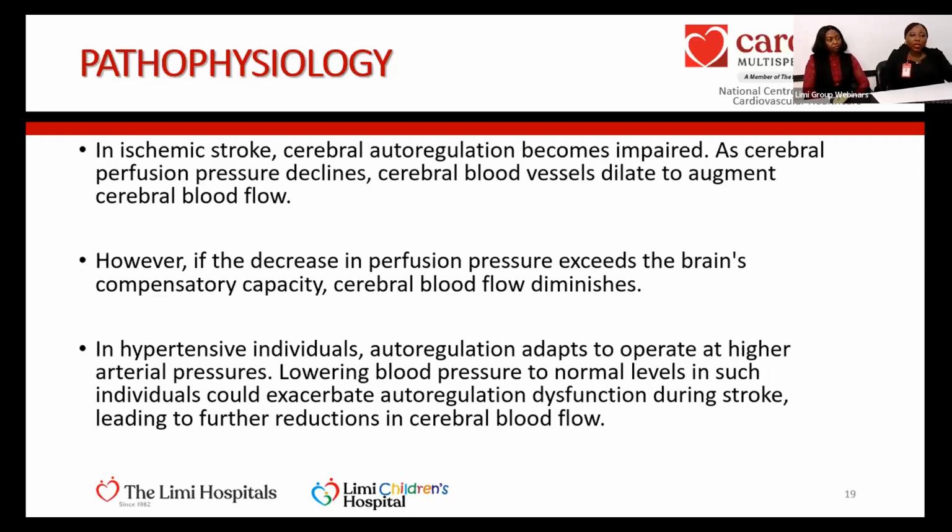Lowering blood pressure to normal levels at this stage would worsen the stroke. That's why it's important we understand the reason behind it, because the brain is now used to that high pressure. So initially, what you're trying to do when you're trying to control the blood pressure is not to bring it down, because that high flow is what the brain needs for perfusion at that stage.